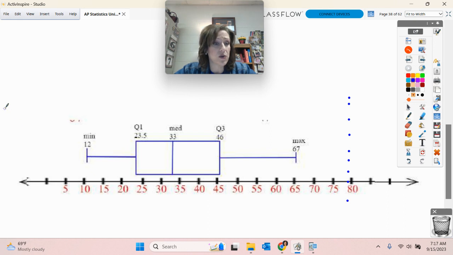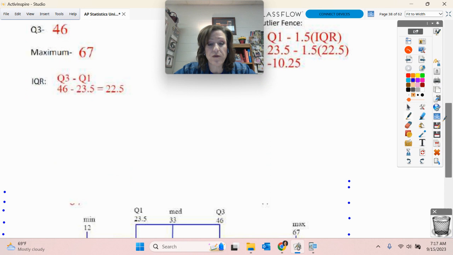The lower fence is way down here at negative 10 point something. And so obviously, our lowest value is 12. So obviously we do not have any lower outliers. To have a lower outlier, you'd have to have any data below the lower fence, which we do not have. So this one was basic, straightforward.